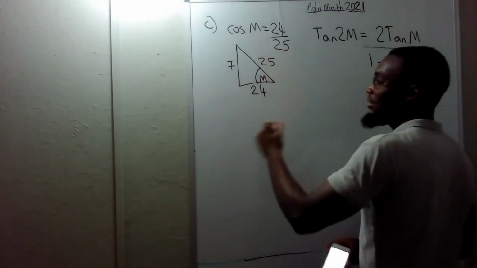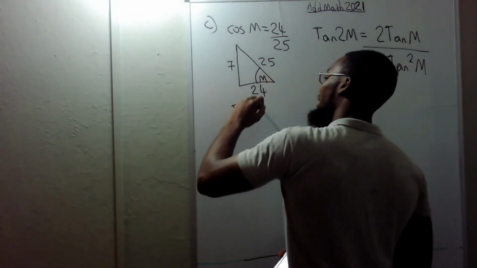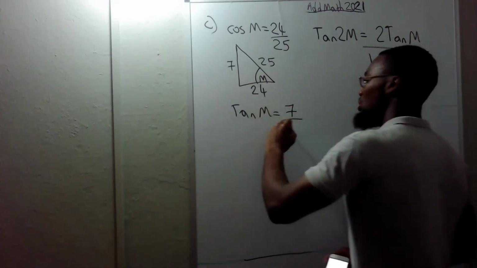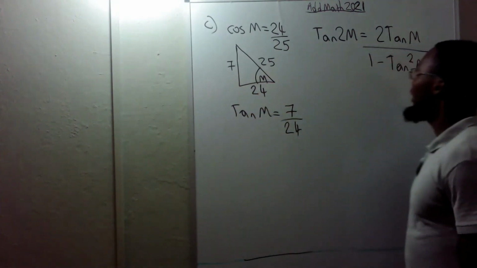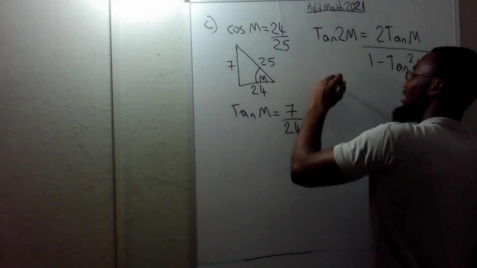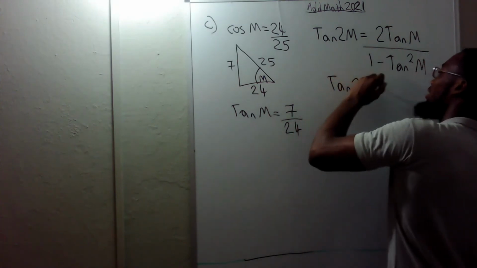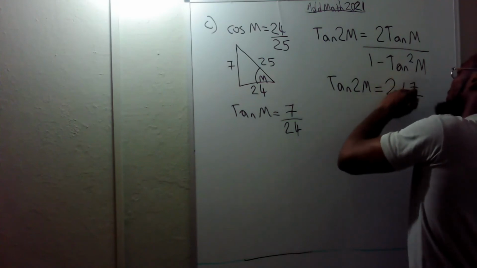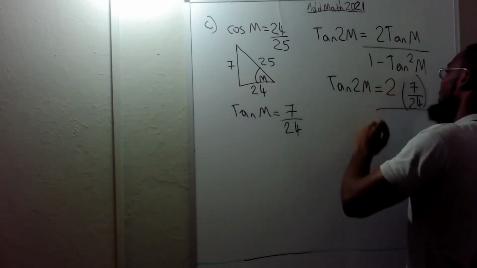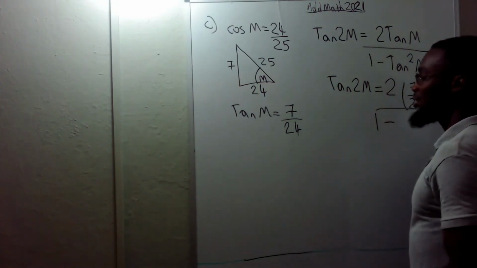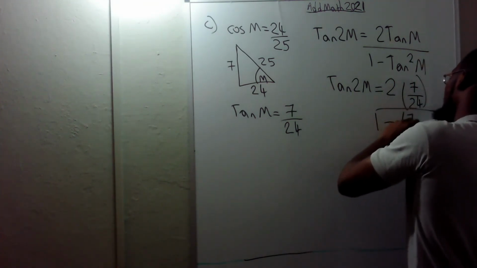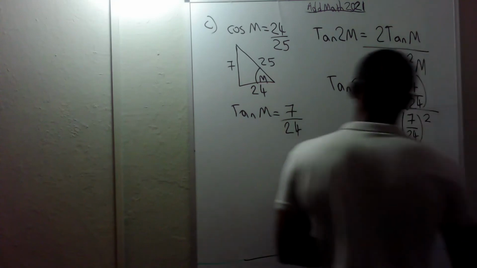If cos m is this, tan m is opposite 7 over adjacent 24. So therefore, tan 2m is equal to 2 times 7 over 24, divided by 1 minus (7 over 24) squared.